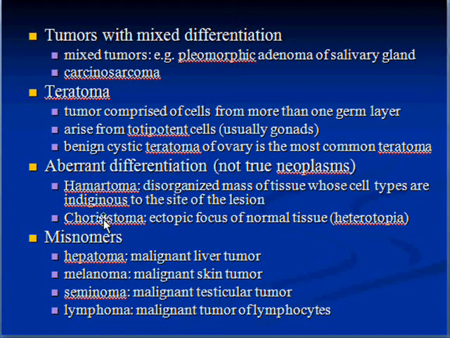A word that is very rarely used, but it's still in the books, is choristoma. And that is an ectopic focus of normal tissue. Another name for choristoma would be heterotopia. The most common example of this would be aberrant pancreas, scattered around the stomach or intestine or mesentery.